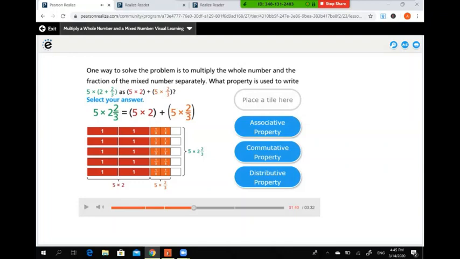Okay, as we took before, this property we call the distributive property. He multiplies 5 by the whole number 2, then multiplies 5 by the fraction 2 over 3, and then he will add the 2 products. He will add the partial products. This is the first way. There is another way.